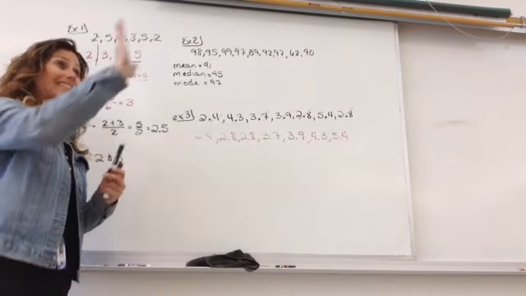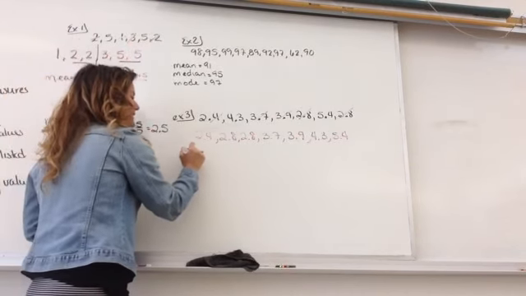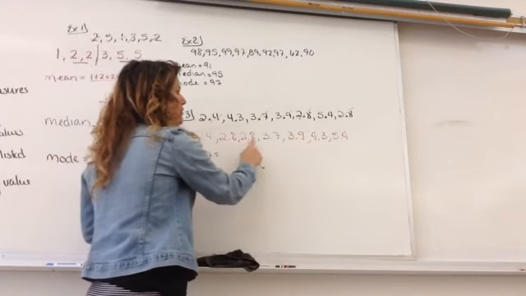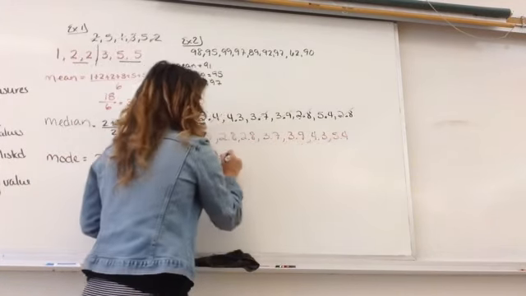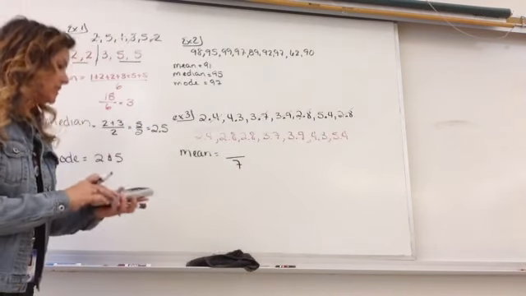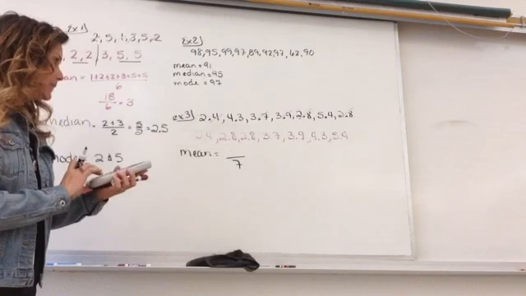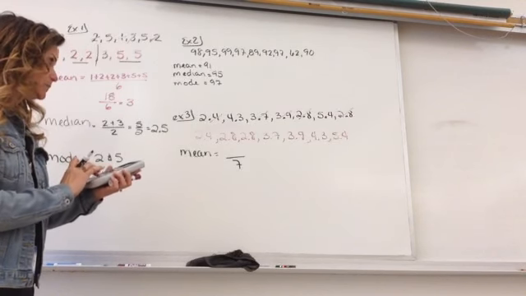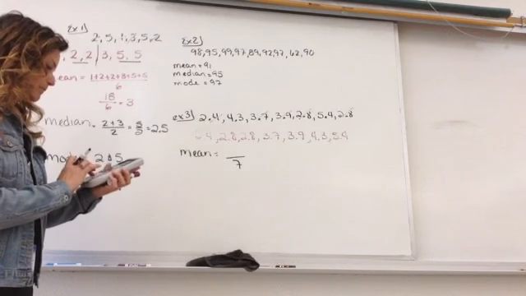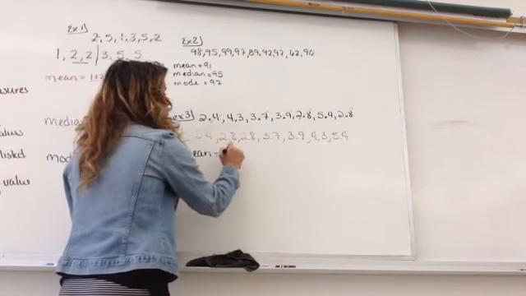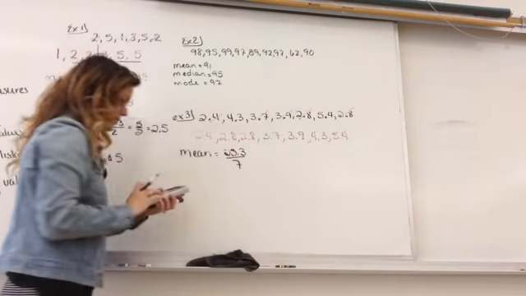Now, I need to find the mean by adding them all together, and I'm going to divide it by 1, 2, 3, 4, 5, 6, 7 values, because there's 7 values in my list. So adding them all up, you should get a sum of 25.3.